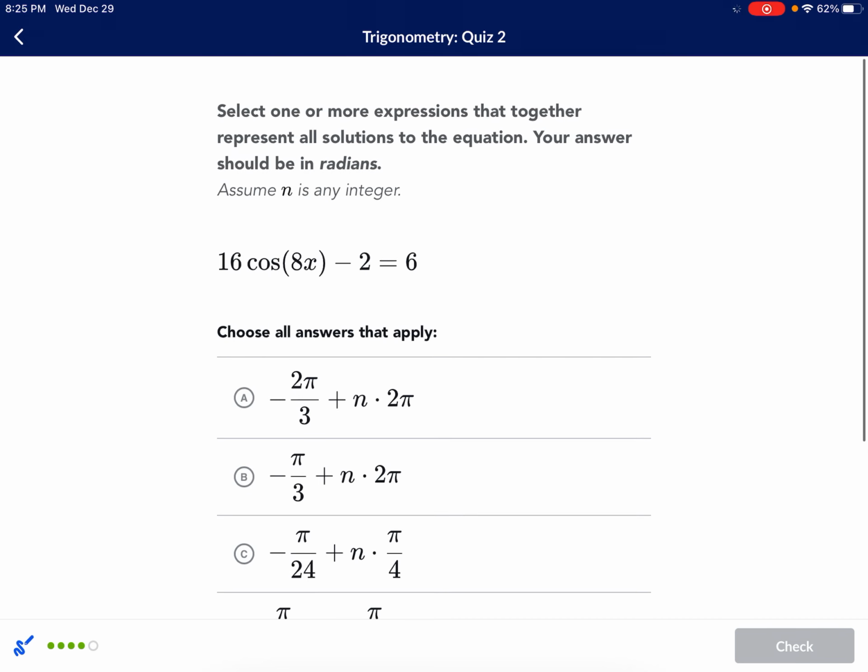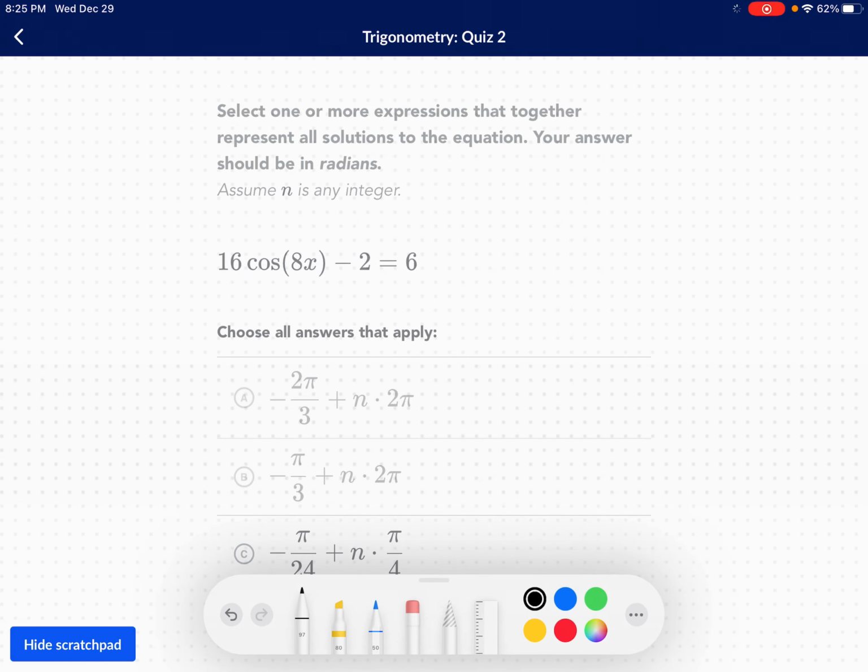Alright, so, okay, just solving. Okay, my answer should be in radians, so I'll change my calculator mode into radians. 18 cosine 8, no, excuse me, just solve this equation, add 2, so cosine 8x equals a half, or 0.5. Set up the two identities.